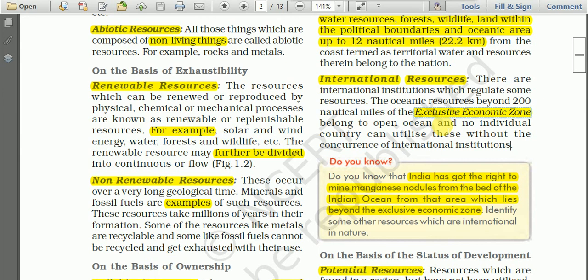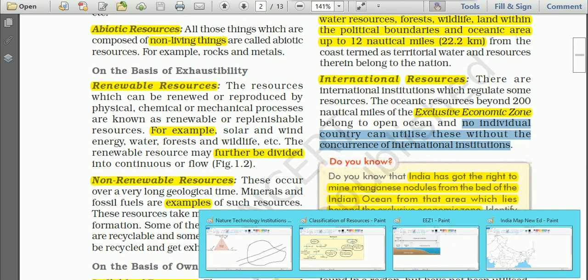And beyond the exclusive economic zone, no individual country can utilize the resources without agreement, without permission from international institutions like the United Nations organization.